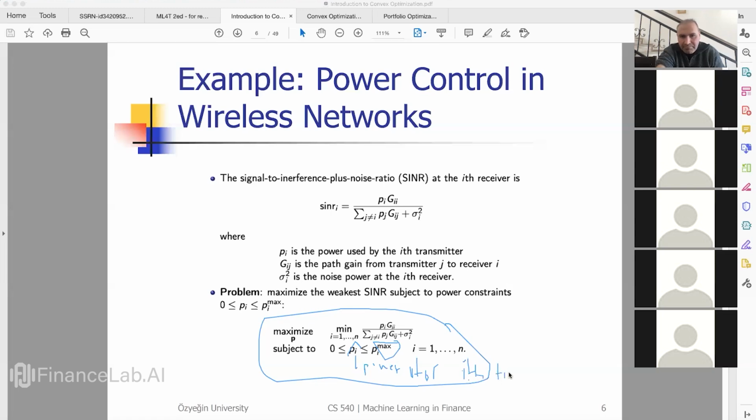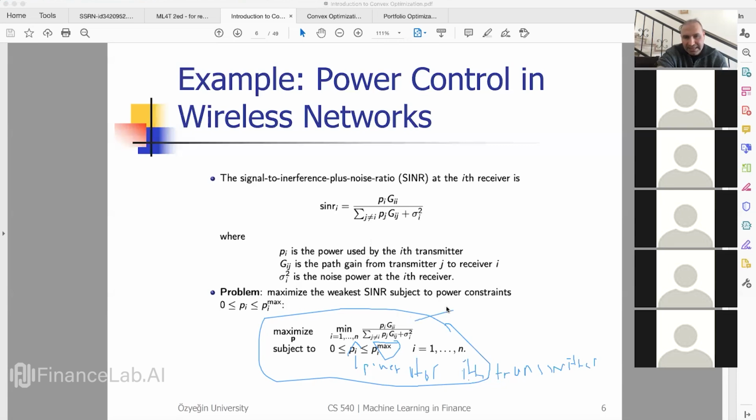These are bounded above by Pi max. The objective function is Pi times Gij divided by the interference from all others plus the noise power. Among them, we try to maximize the weakest one subject to the power constraints. Overall, the formulation is like this.